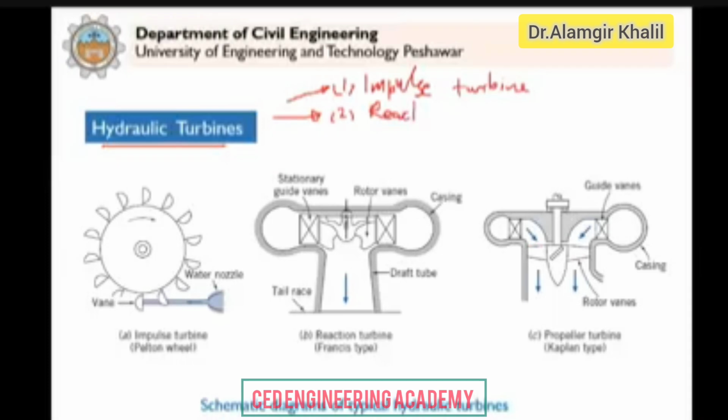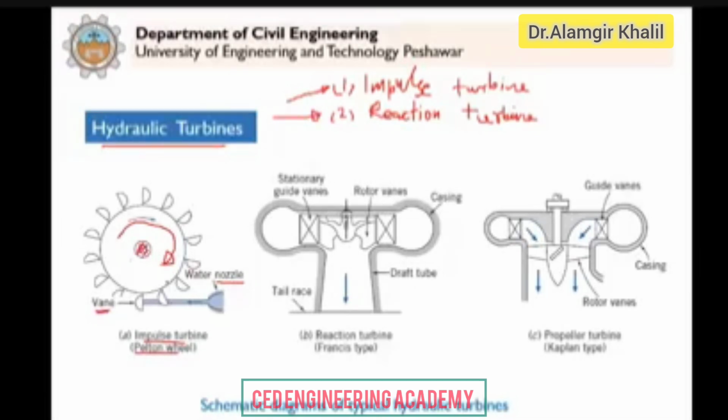We will study in detail the working of the two types of turbines. The very common example of an impulse turbine is the Pelton wheel. In the Pelton wheel or Pelton turbine, you see that we have a nozzle and it produces a high velocity jet. It strikes these vanes or buckets of the turbine, and as a result it rotates. When it rotates, it is connected with the shaft and it rotates the shaft.